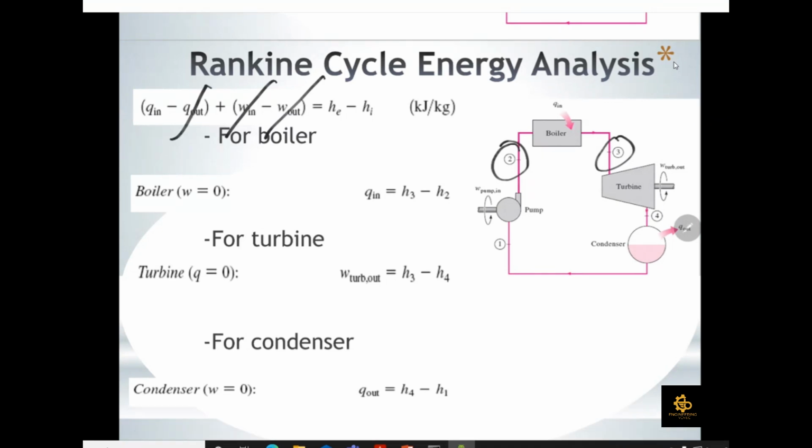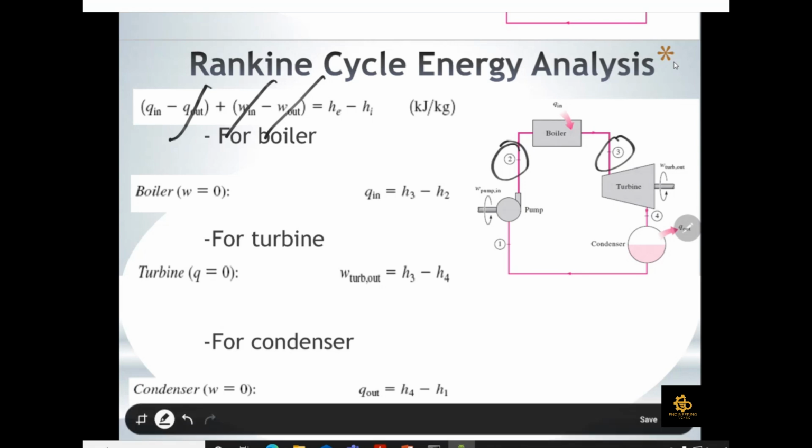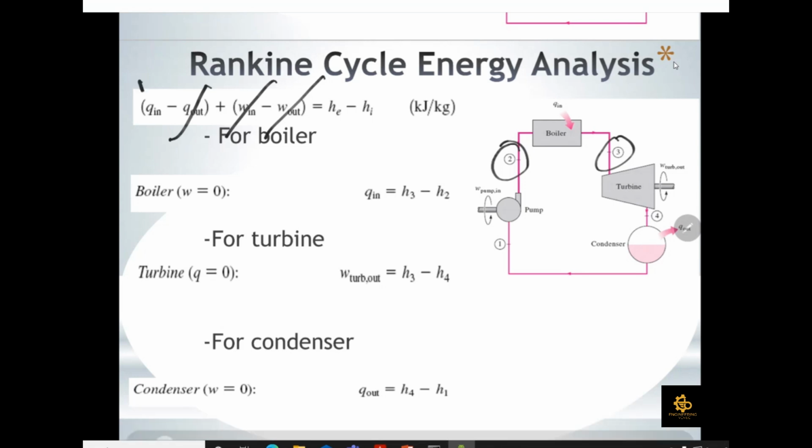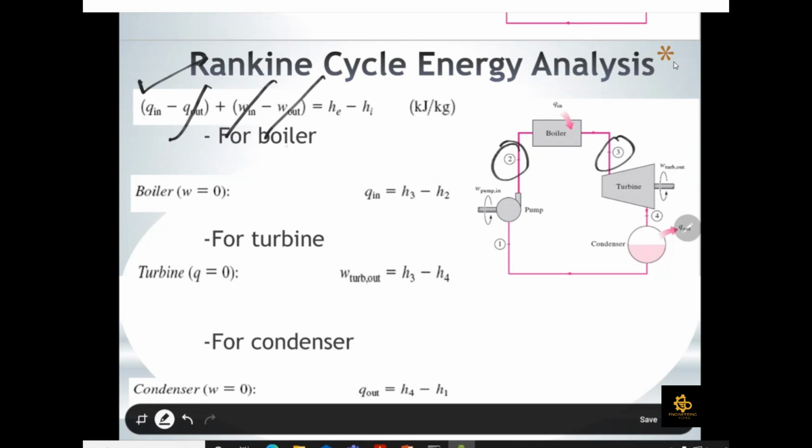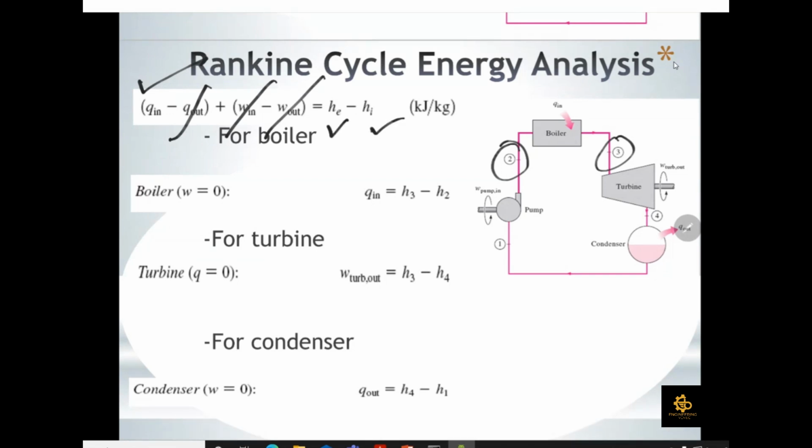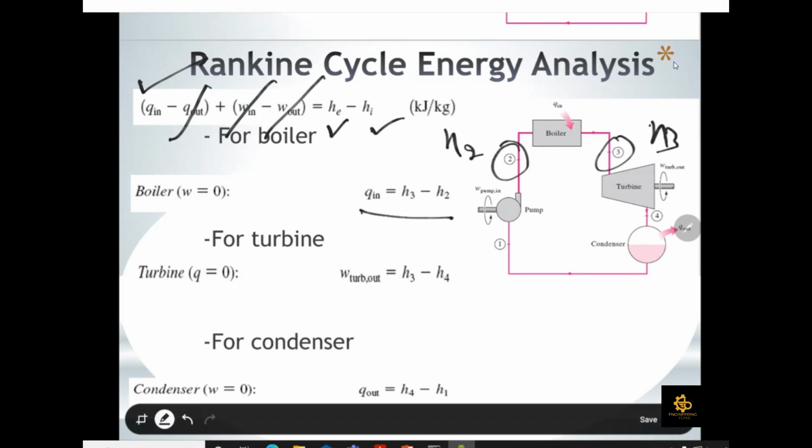You are not going to reject any heat from the boiler, so Q out is equal to 0, and then Q in is left, equal to He minus Hi. He is equal to H3 and Hi is equal to H2. So the equation becomes Q in is equal to H3 minus H2. Okay, clear?